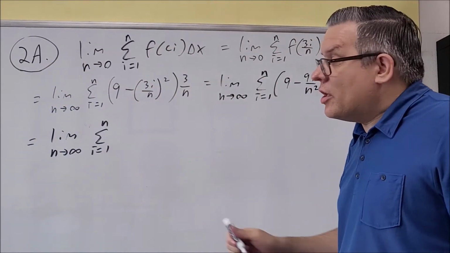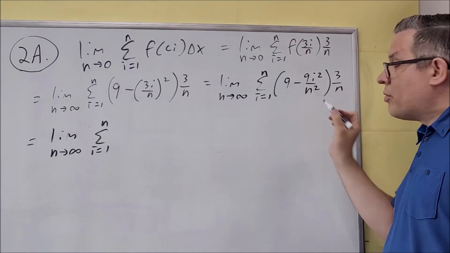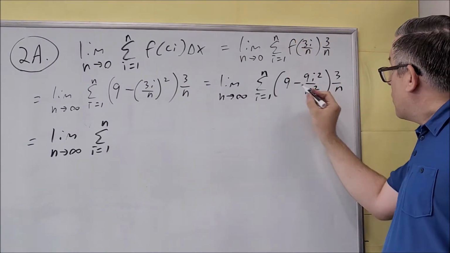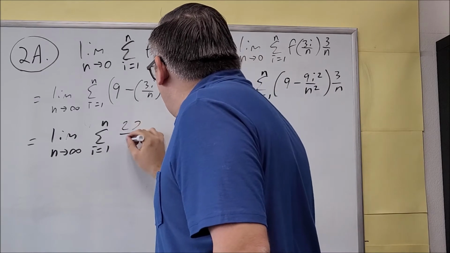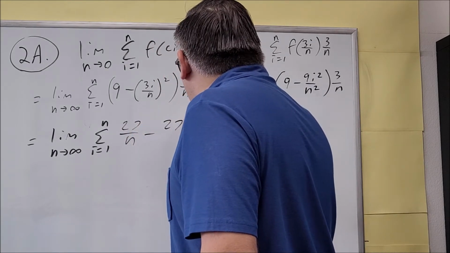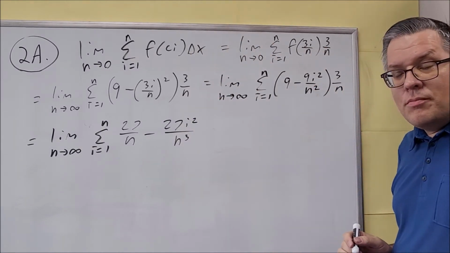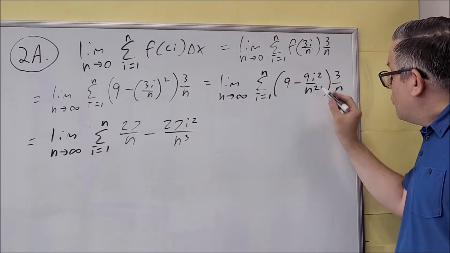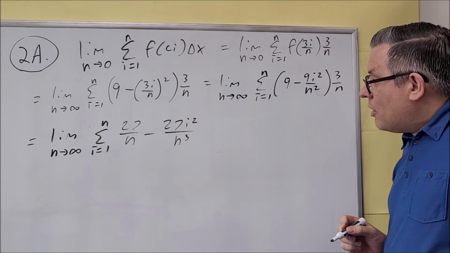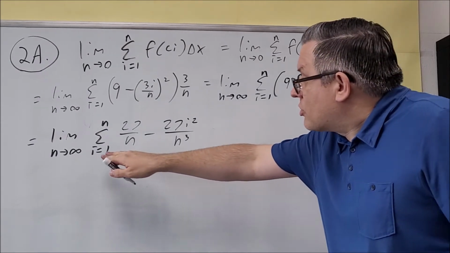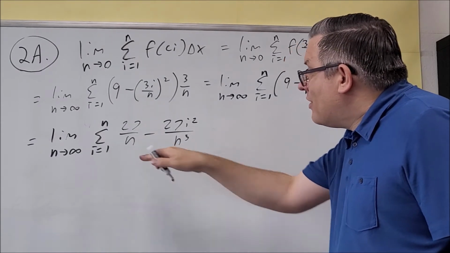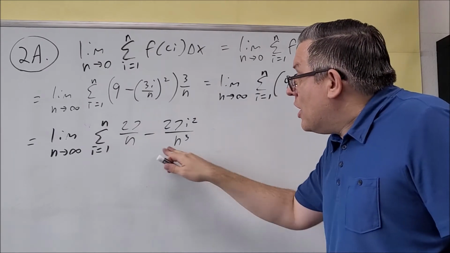Okay, so we have the same thing, the limit and the summation again. We're going to multiply each of these out. Multiply this, you get 27 over n minus 27i squared over n cubed, just by distributing each of those. Now at this stage, you want to separate each of these and apply the summation to each of these individually.